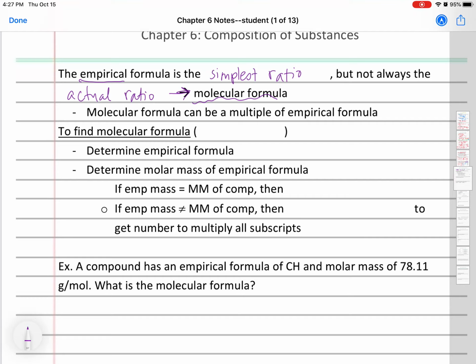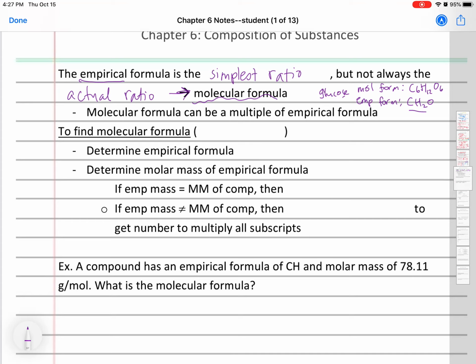Just to refresh your memory from a previous lecture, glucose, the molecular formula is C6H12O6. But the empirical formula, the simplified version of this, would just be CH2O.